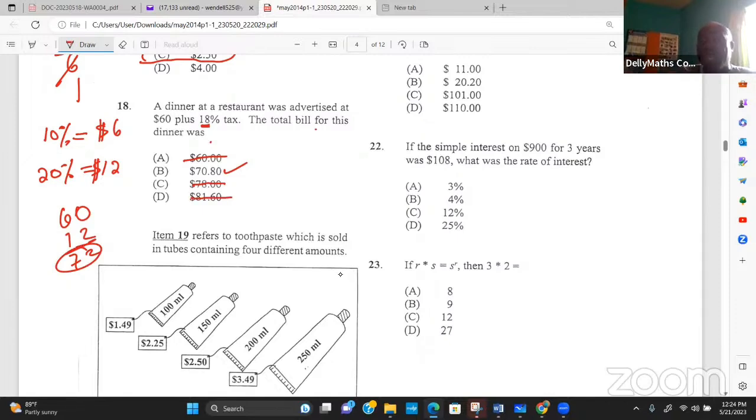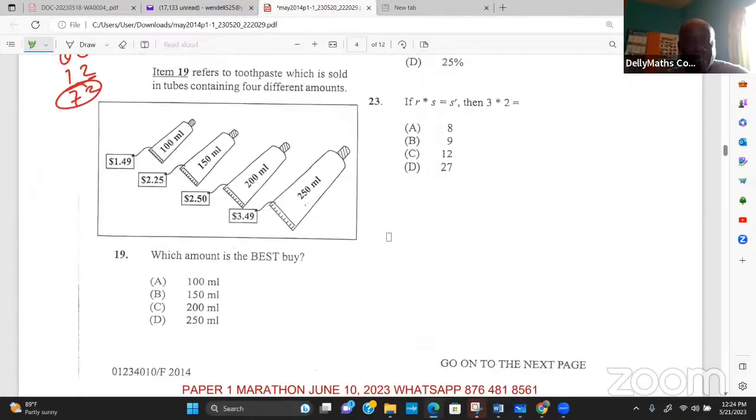I'm saying the process of elimination: when you understand these little things, 10% is that, 20% is 12, you double it. So you know that it cannot be certain things and the correct answer jumps out without working it. We don't need to prove the correct answer. A lot of times you need to prove what cannot be the answer and you're good. All right, let's go to number 19.